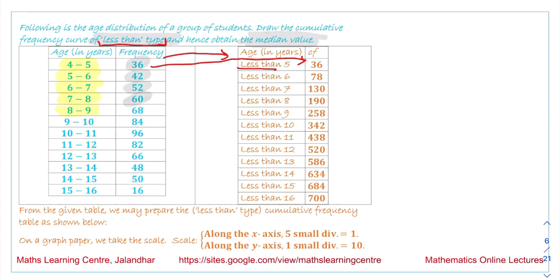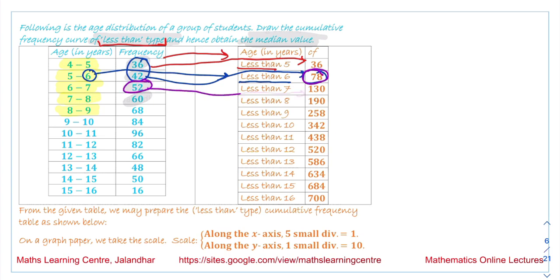Next, the number of students having age less than 6 will be 42 plus 36, that is equal to 78. Next it is 78 plus 52, and the answer we get is 130. It is for the number of students having age less than 7.